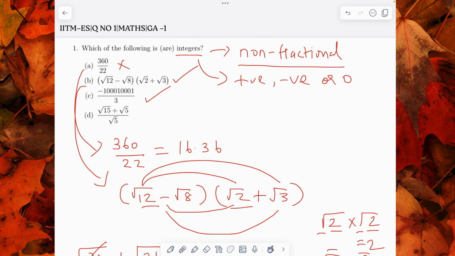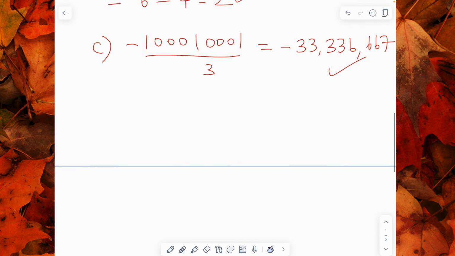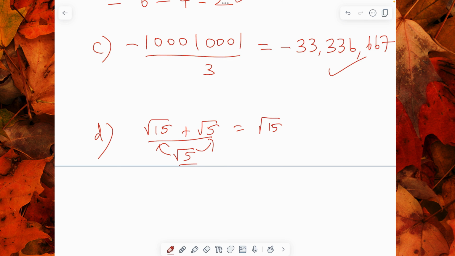Now, let us check option D. While solving option D, root 15 plus root 5 divided by root 5. Here you divide on both sides like an LCM. So root 15 by root 5 plus root 5 by root 5.